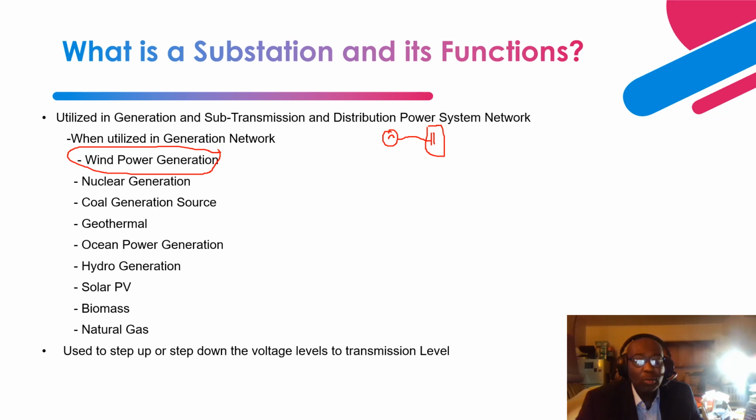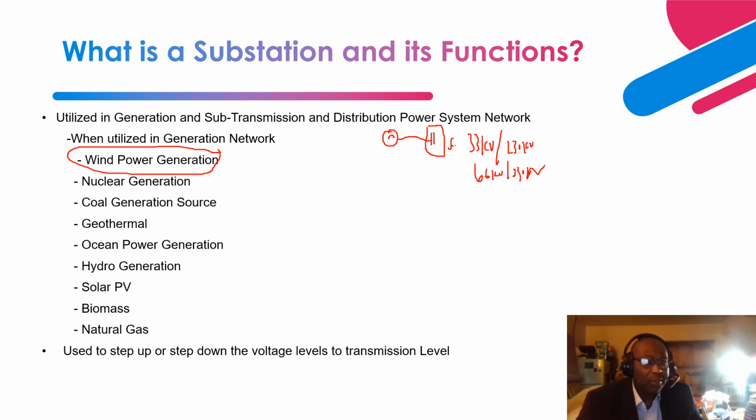Right here will be a substation that is supposed to harvest all the wind power generated by these many wind farms. The substation steps the voltage up from, let's say, a collection voltage of 33 kV to 230 kV, or 66 kV to 230 kV.